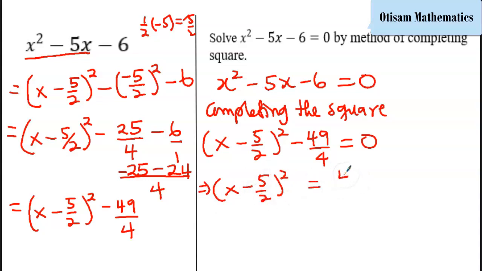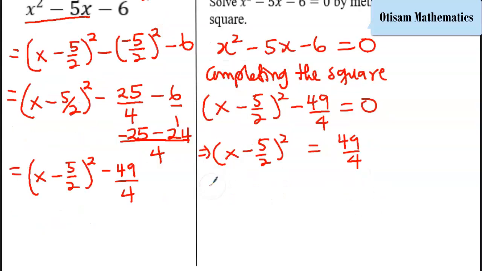So you first have to take the square root on both sides. So x minus 5 on 2 will be equal to, now taking the square root on both sides, on the right hand side it will be plus or minus square root of 49 over 4.